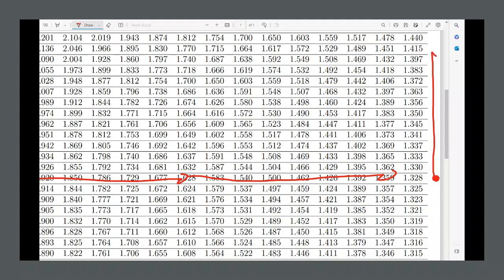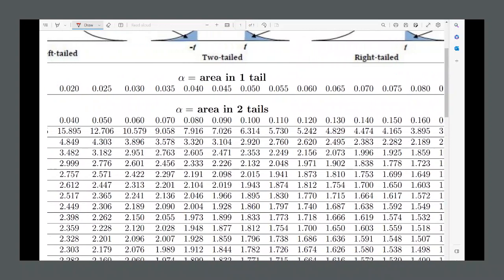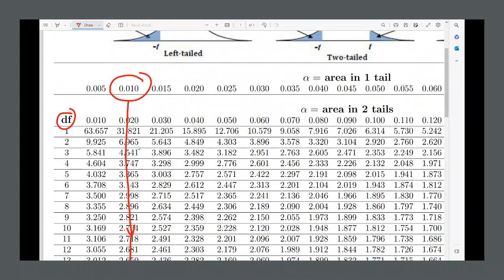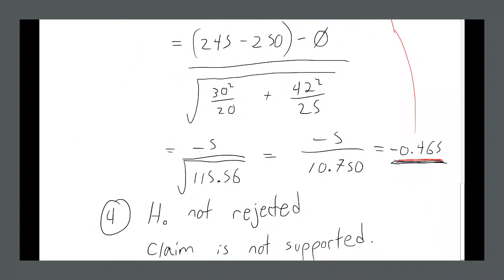So the p-value it corresponds to would be even bigger than 0.1, because your tail sizes get larger as you move to the right. So we have a p-value greater than 0.1, which is certainly greater than 0.01, which is our alpha. So p is greater than alpha, which again means you do not reject the null hypothesis. The same conclusion that we came to here.